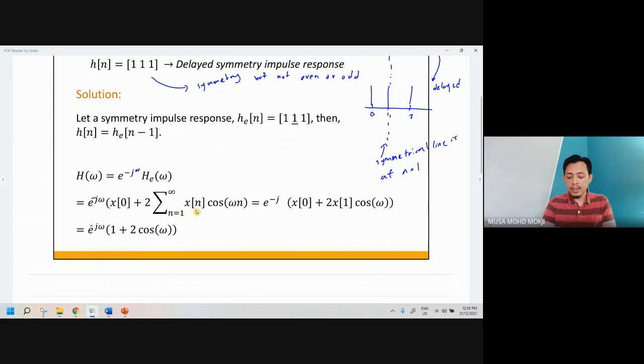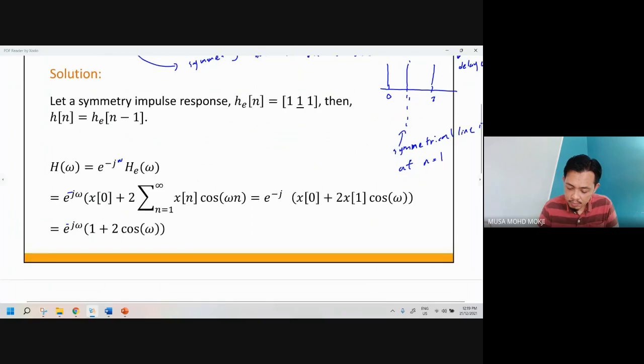So x0 plus 2 x1 cos omega, because n equals 1, so this one becomes omega only.